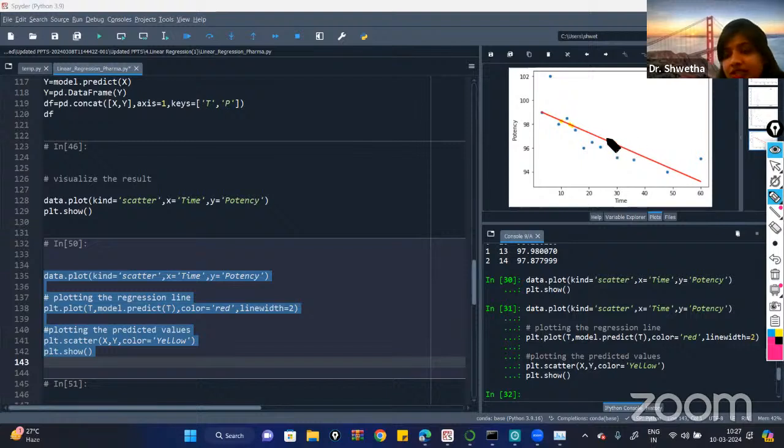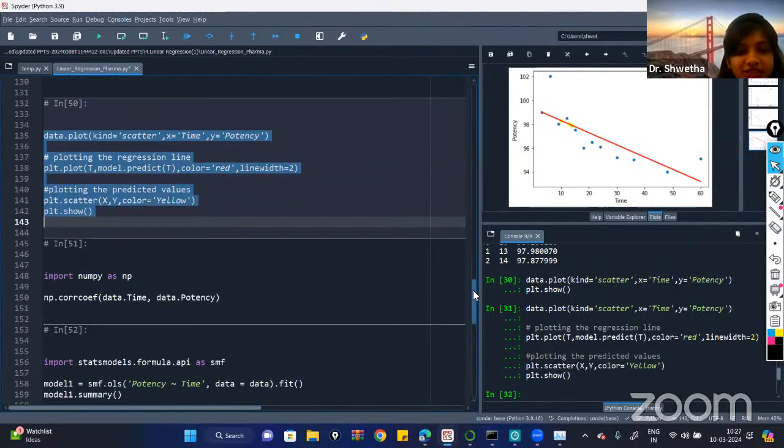Using this line, the model is trying to predict the new values. The yellow data points over here on the line are very small. Now, these yellow data points here are the new predictions for the new x values or time values. This is how we can build the regression models.